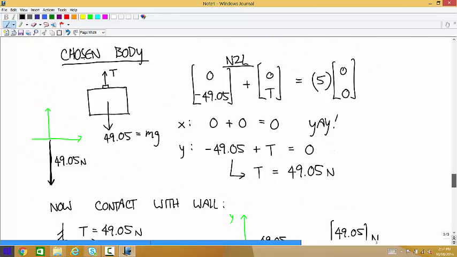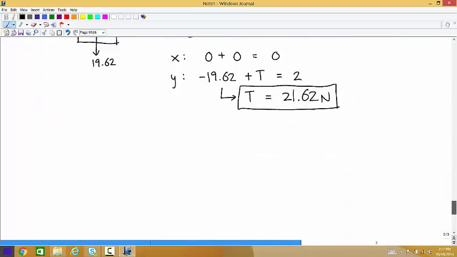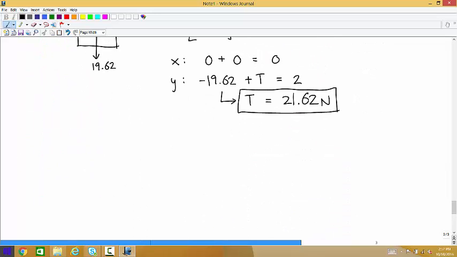Okay, so one more thing I want to say about cables is, not really cables, actually, let's say one more thing about pulleys.